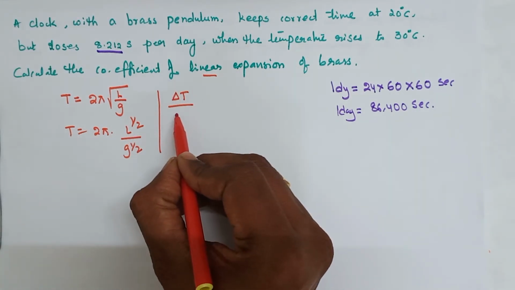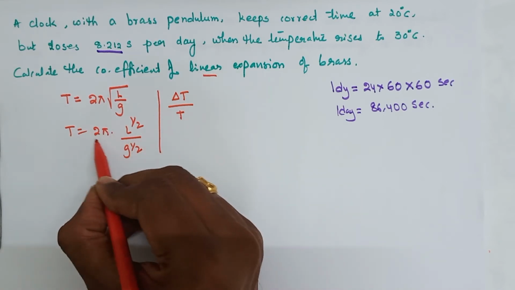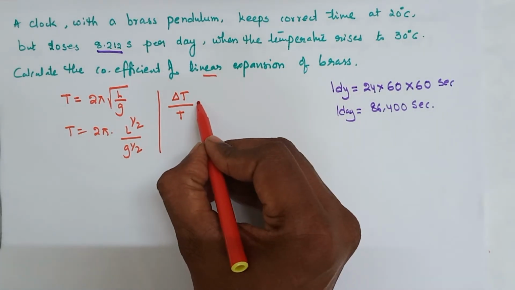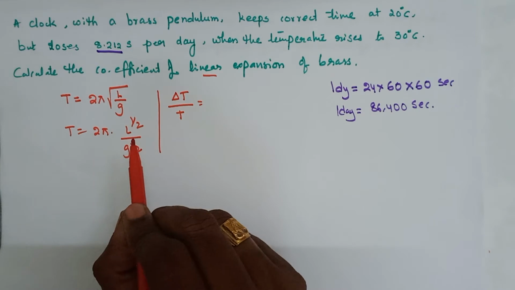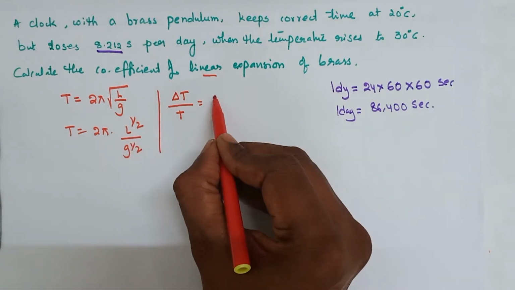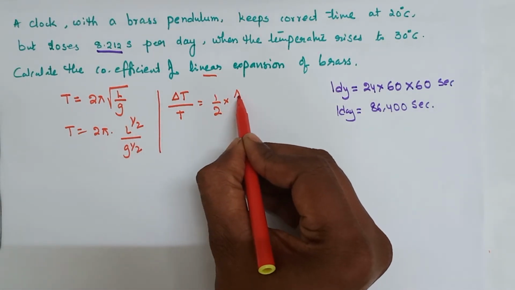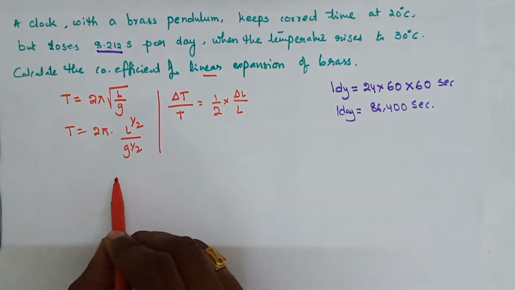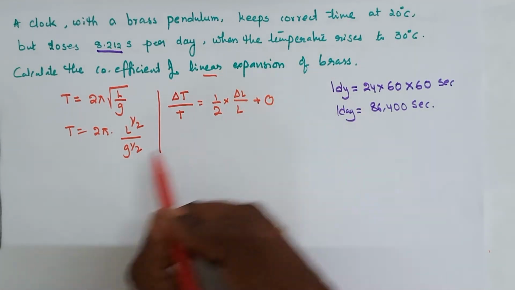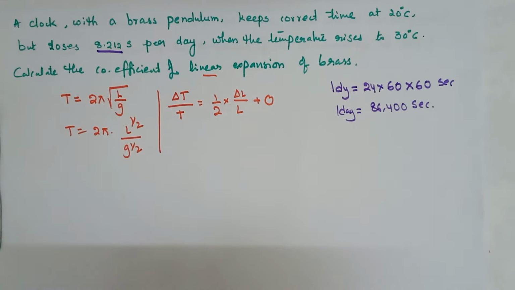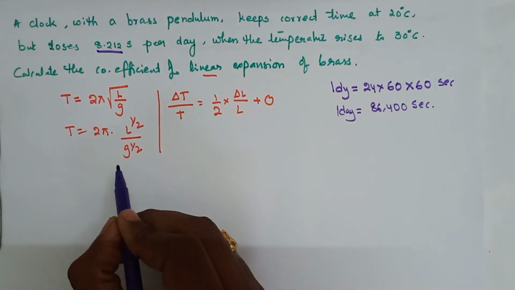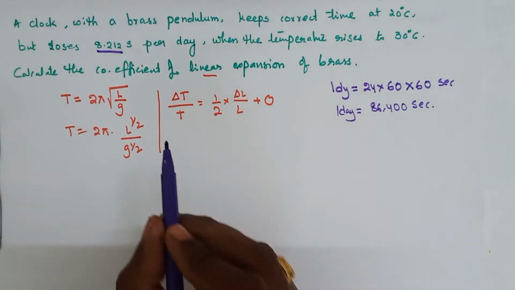That is the relative error; the constant has zero error, and here 1 by 2 delta L by L plus 0, because g is a constant. We cannot expect a change in g value in this problem. It is out of this coverage. The g value is constant here.